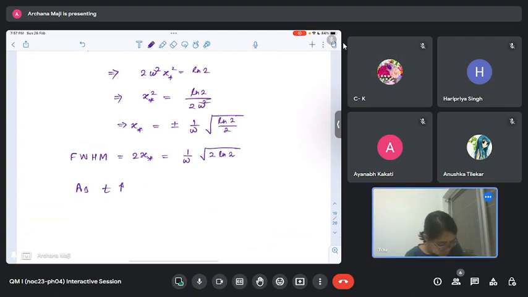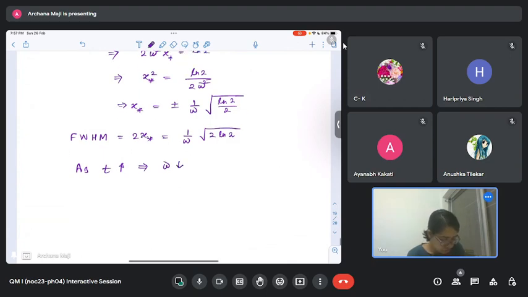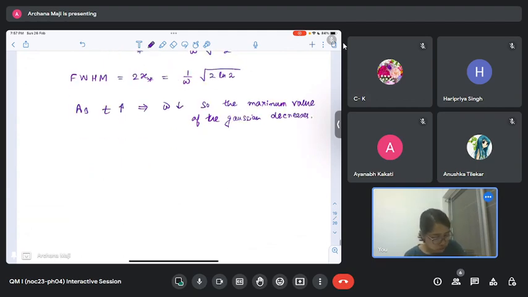As t increases, omega decreases, so the maximum value of the Gaussian decreases, and for increasing time, the full width at half the maximum increases.